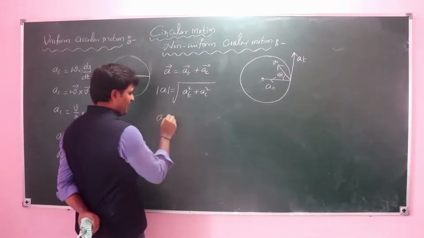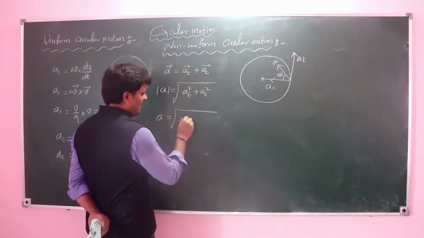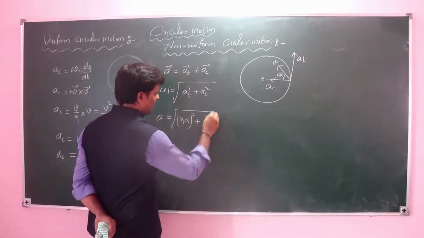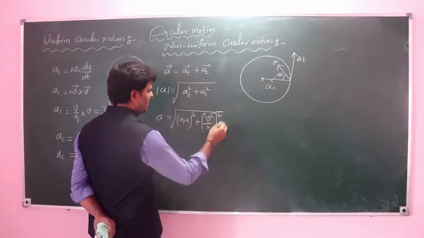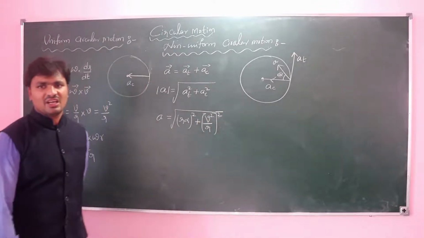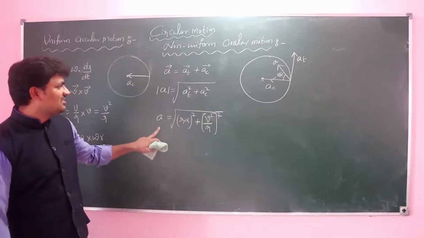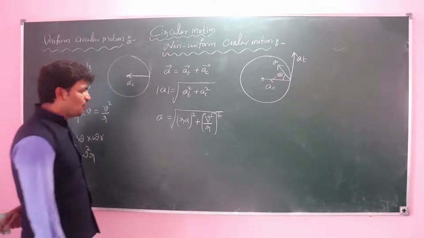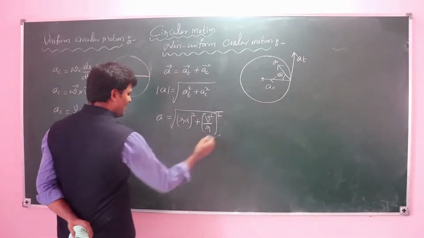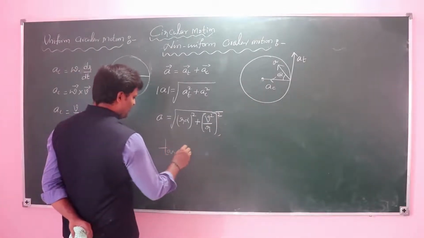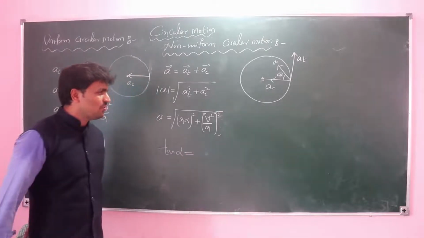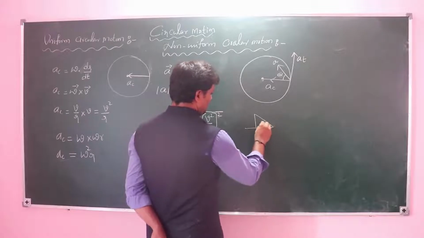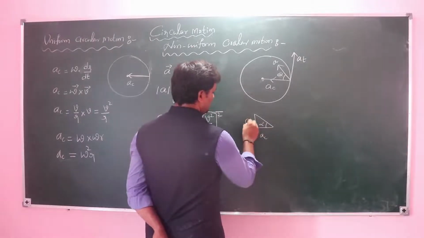The magnitude AT is nothing but r alpha, whole square, and AC is v square by r, whole square. Like that we can take the total acceleration in case of non-uniform circular motion. And what about the direction? The direction makes an angle alpha. You can observe here a small angle like this, and this is centripetal and this is AT.